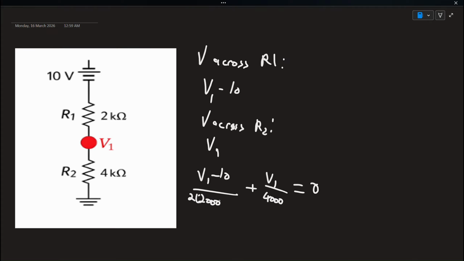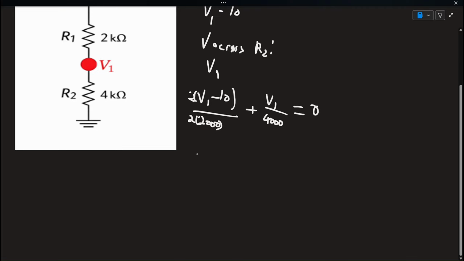Now we multiply top and bottom by 2, V1 minus 10. And because there's a 0 on the other side, we can just cancel the denominator.